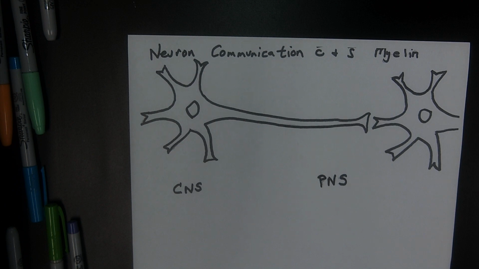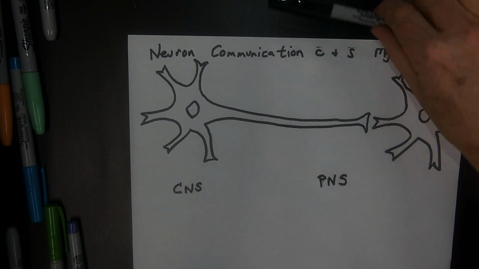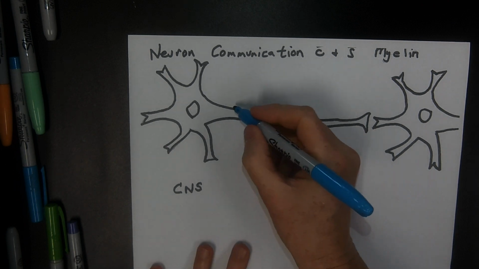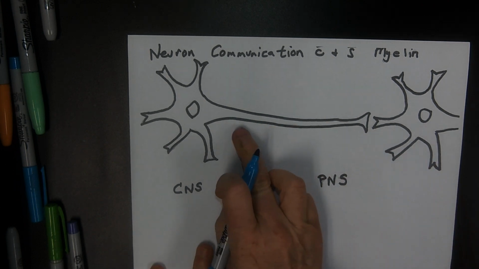For this one, I'm going to choose to draw some, I'm just going to say Schwann cells, just because they're easier to draw than the oligodendrocytes, I think. I'm just going to draw 3 Schwann cells here wrapped around the axon of this neuron.